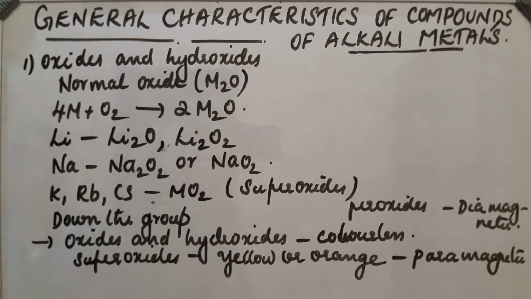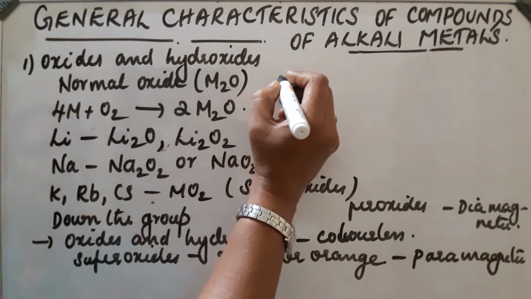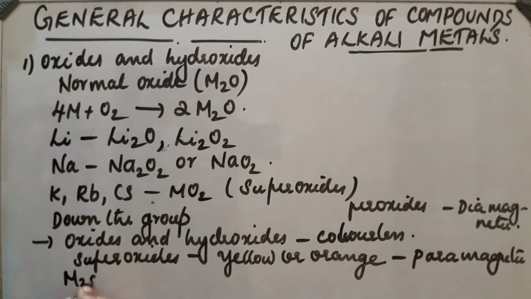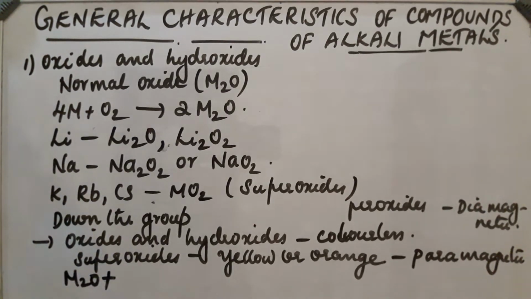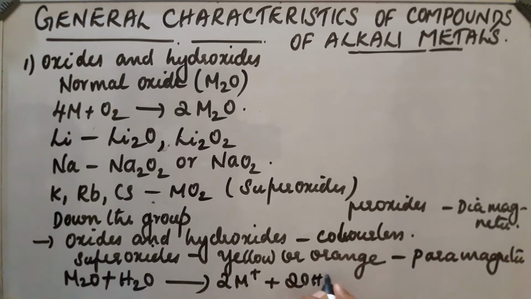Next, these oxides dissolve readily in water and form hydroxides, and a large amount of heat is evolved. That is, M2O, the normal oxide, on reaction with H2O gives hydroxide, 2M plus 2OH minus, and heat is liberated.